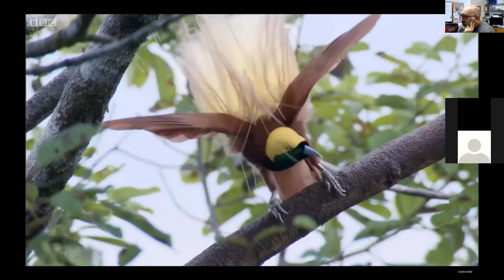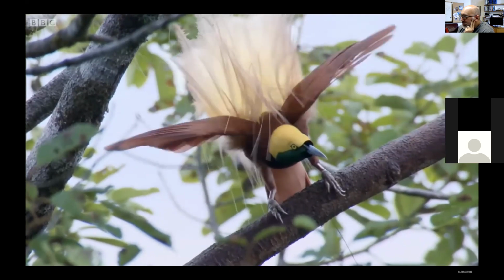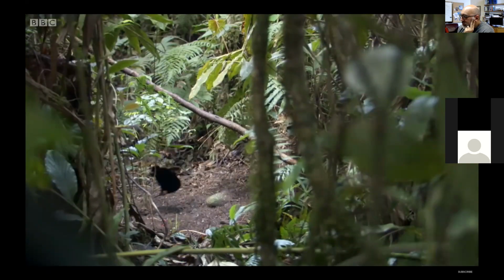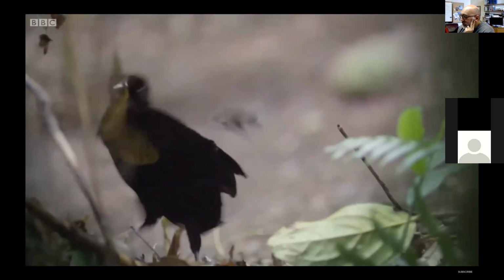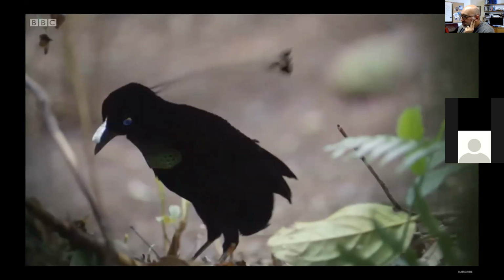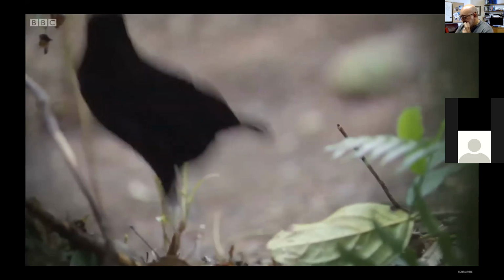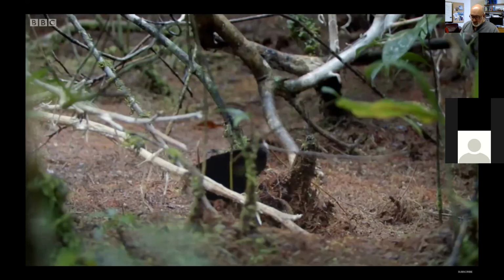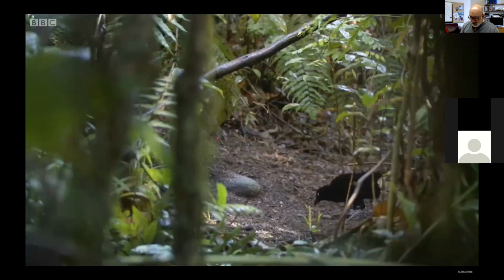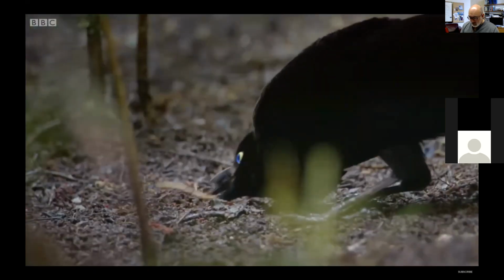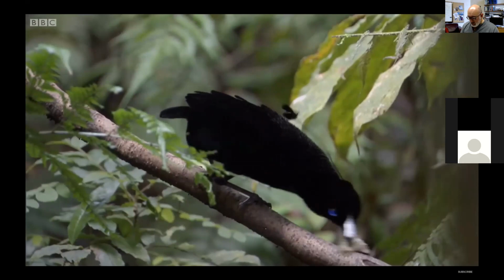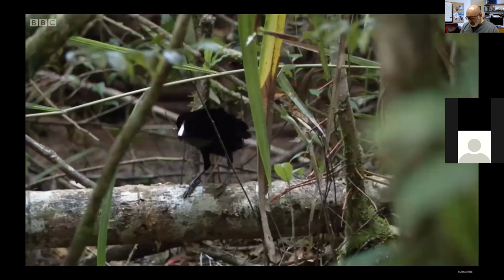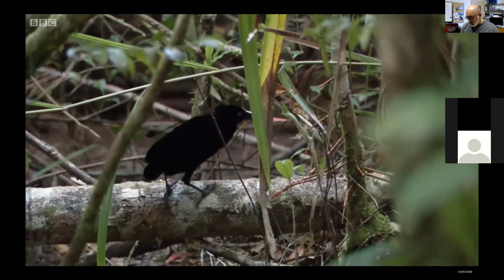This forest is so rich that nourishing food can be gathered very quickly. That leaves the male six-plumed bird of paradise with time to concentrate on other matters, like tidying up his display area. Everything must be spick and span.